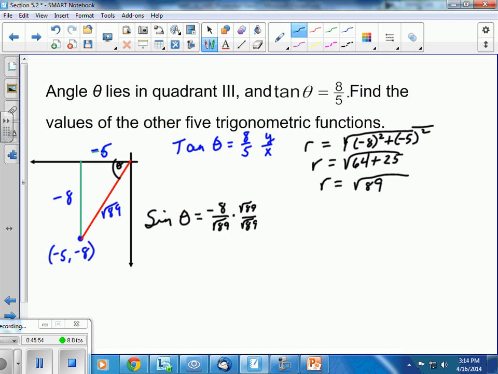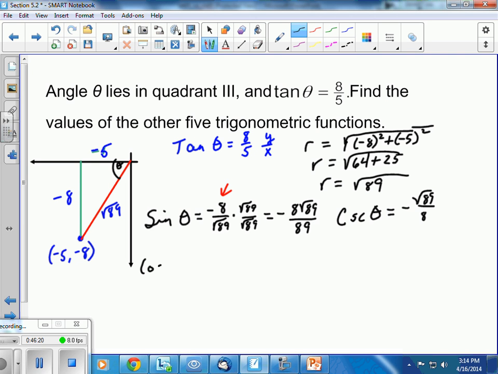Multiply by the square root of 89 over square root of 89 to get negative 8 square root 89 over 89. Its reciprocal function, the cosecant of theta. Again, I'm going to go back to where I first found my ratio, and that's going to be the negative square root 89 over 8.